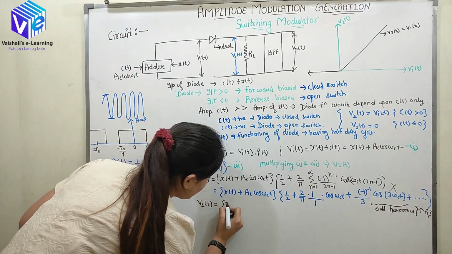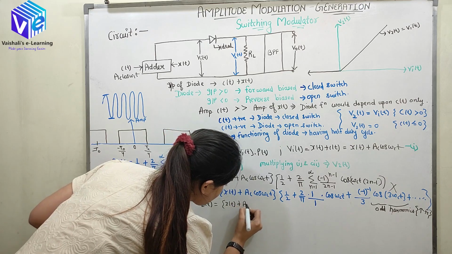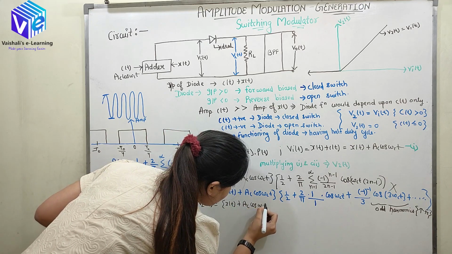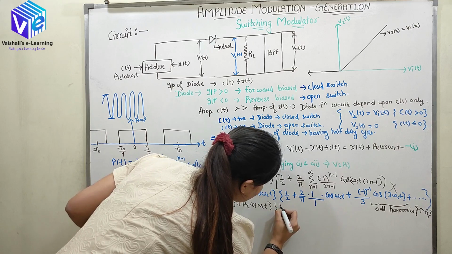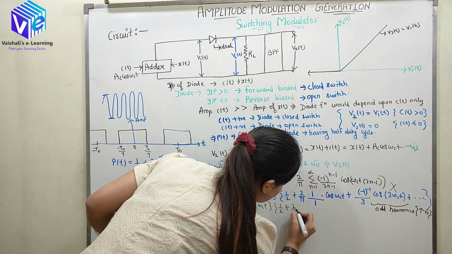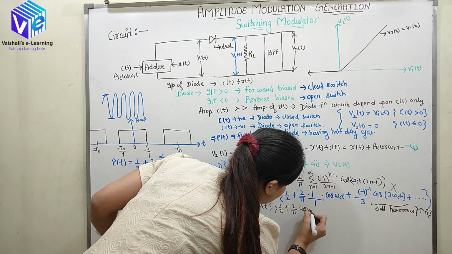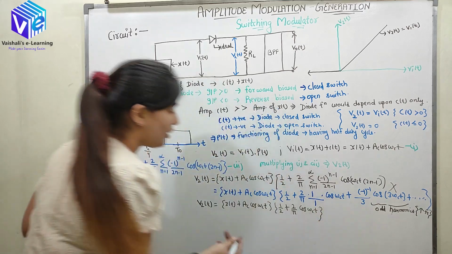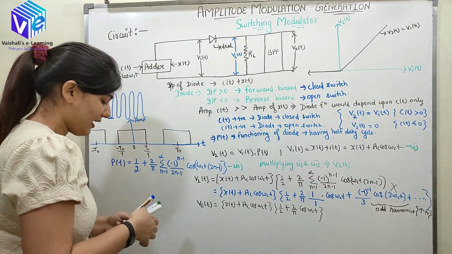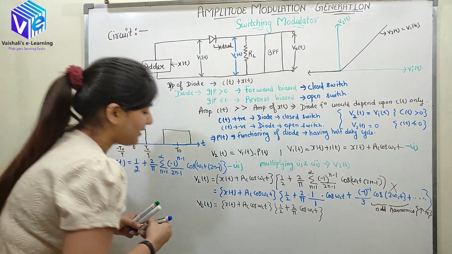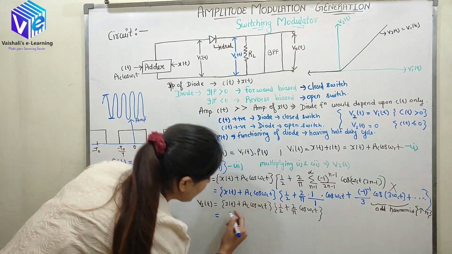V2t would be xt plus AC cos omega ct into 1 by 2 plus 2 by pi cos omega ct, because I rejected all the higher order values. So now when I multiplied it, I'll just multiply all the values.